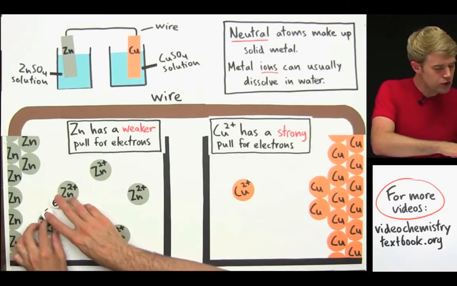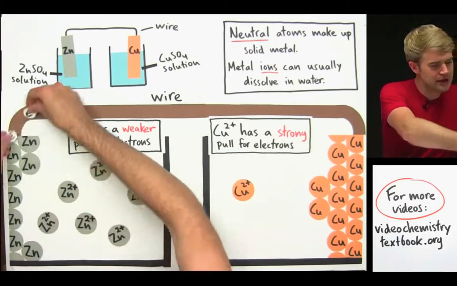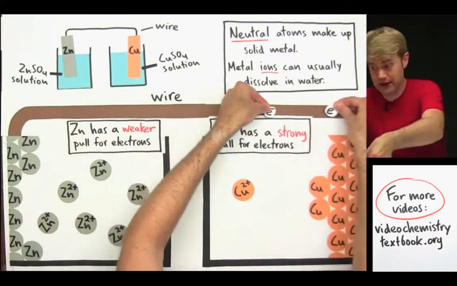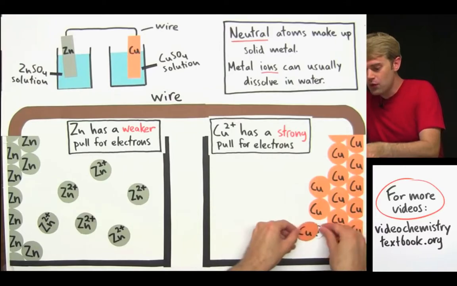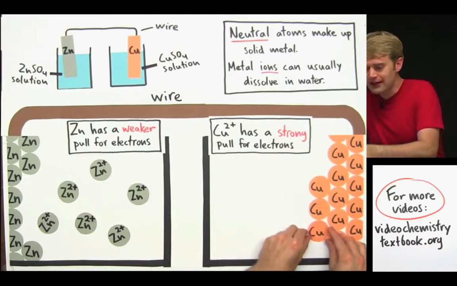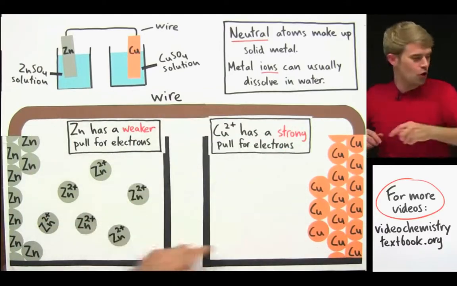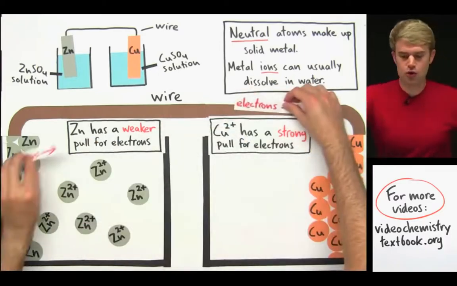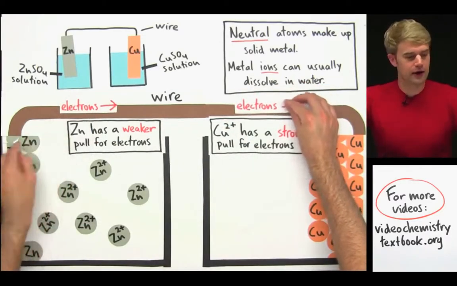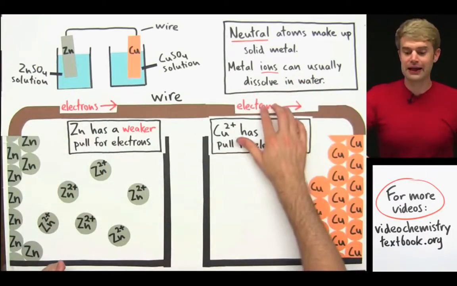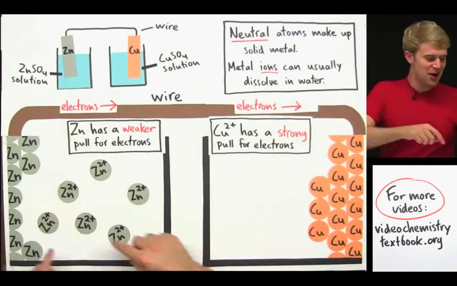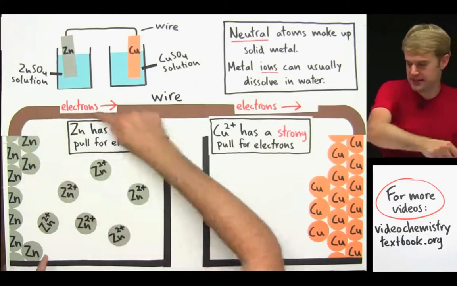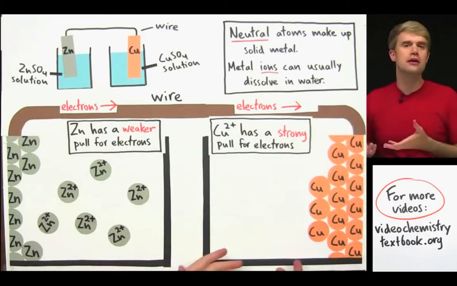Zinc loses these two electrons. They move through the wire, creating electricity. They come over here and they join up with the Cu2+, turning it into neutral copper. We have these electrons moving through the wire here, creating electricity. So that is how we get electricity, from these electrons moving from the zinc over here into the copper.